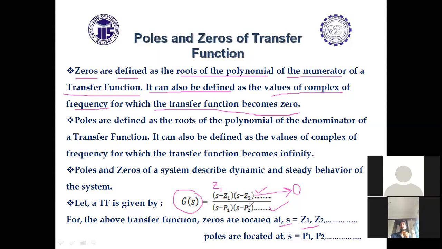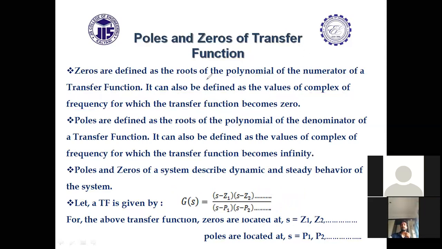This is the concept of zero. Now see here, it is also defined as the root of the polynomial of the numerator. This is the numerator polynomial whose roots can be calculated by equating this to 0. So both are the same. So this is zero.